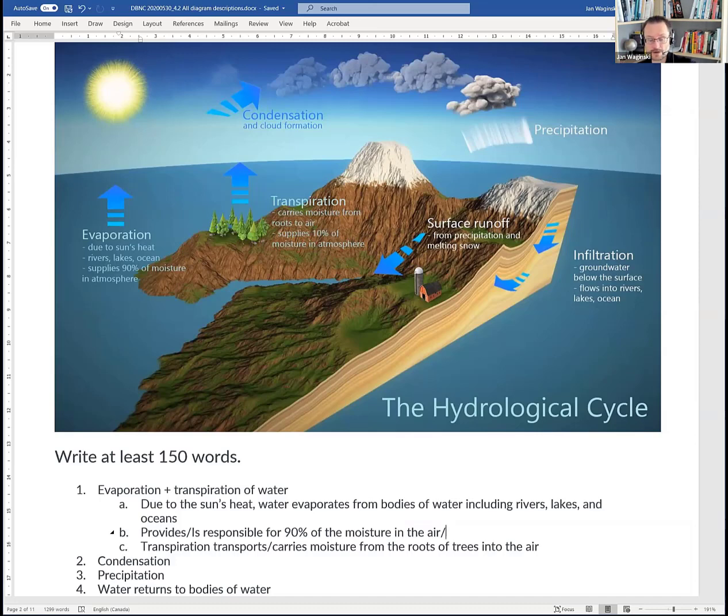Because when you paraphrase, changing the form of the words, like a verb to a noun or a noun to a verb or to an adjective, that counts as paraphrasing. So moisture in the atmosphere, you can change into? Moisturizing the air. Flip it. Say 90% of air's moisture.